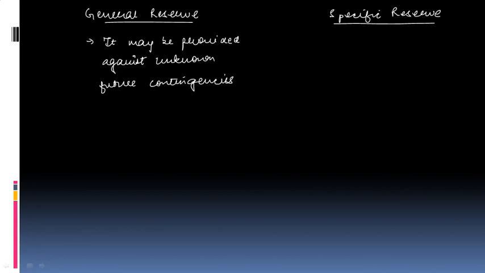That means you don't know which event is going to happen in future. Keeping that event in your mind, you can transfer some of the funds to general reserve, which can be used for any purpose. Right? The purpose may not be specified. It can be used for any purpose depending upon your future events, depending upon the future contingencies. Right? This is done to increase working capital.